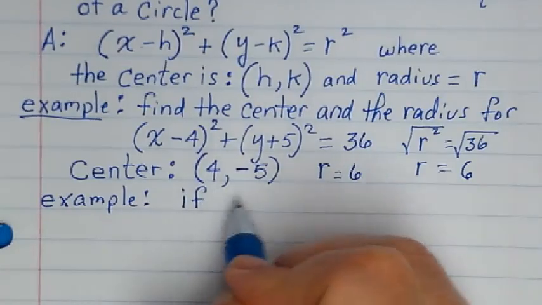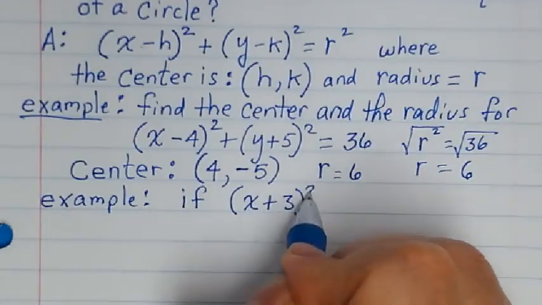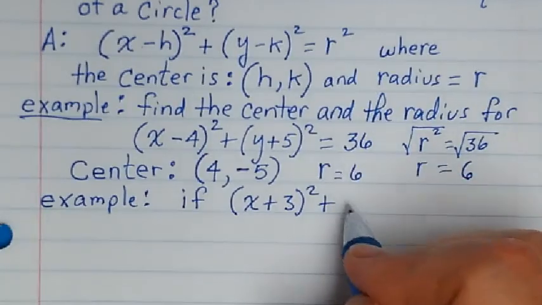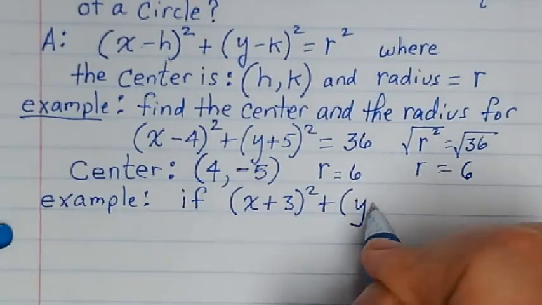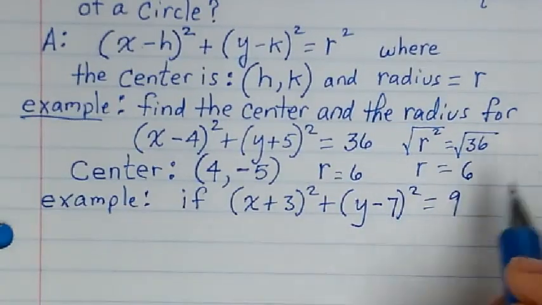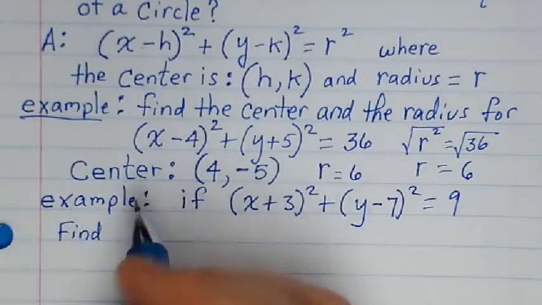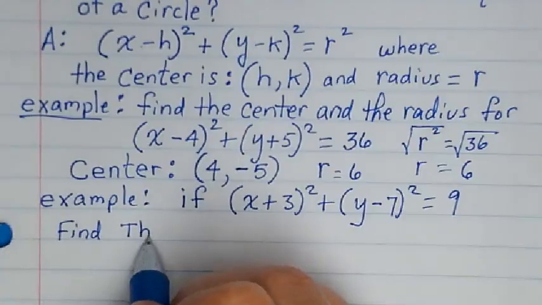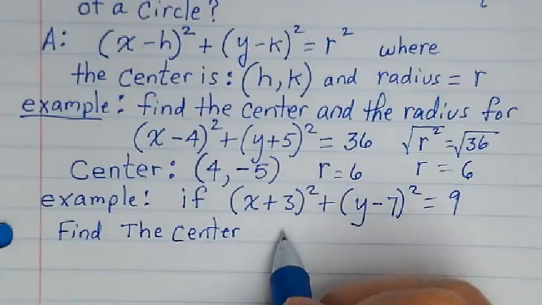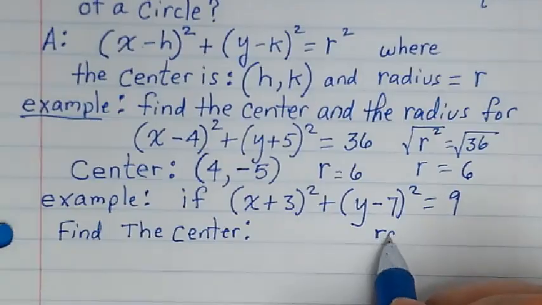If x plus 3 squared, sorry, plus y minus 7 squared equals 9, find the center, find the radius.